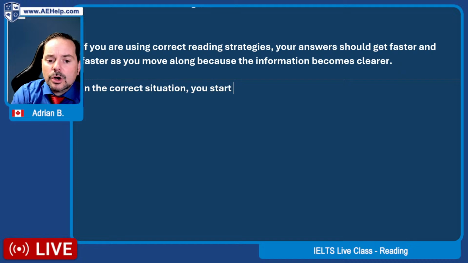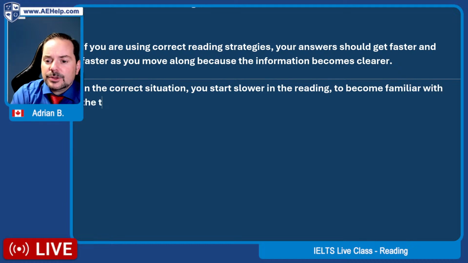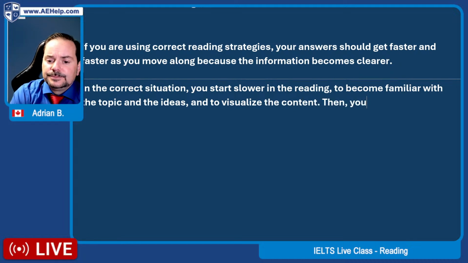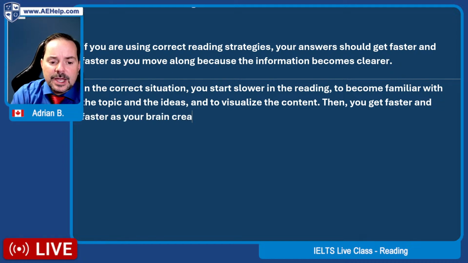Okay, so in the correct situation, you start slower in the reading to become familiar with the topic and the ideas and to visualize the content. Then you get faster and faster as your brain creates a clear narrative.